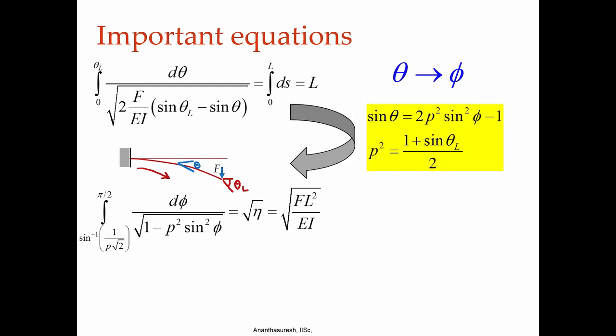So, what the equation here shows is that when I integrate from 0 to theta L, the whole thing is equal to L, where theta is the variable here, which goes from theta equal to 0 because the slope is 0 there, and then increases up to theta L. When I take the limits from 0 to theta L, this particular integral, which involves the force F, Young's modulus E, and second moment of area I, gives me back my length L. On the right hand side we have the integral from 0 to L of ds.